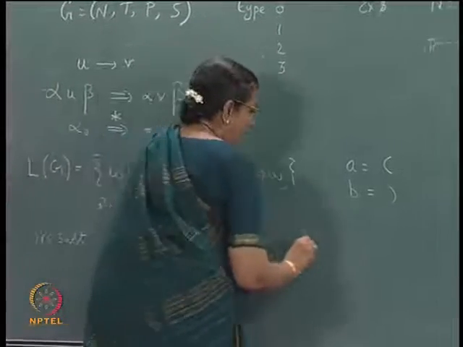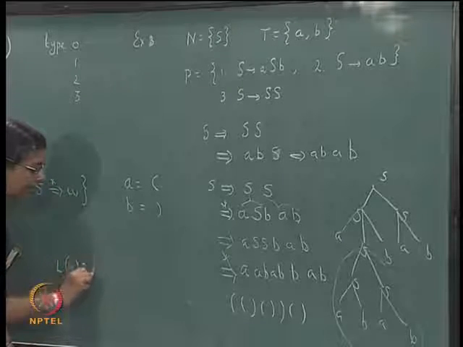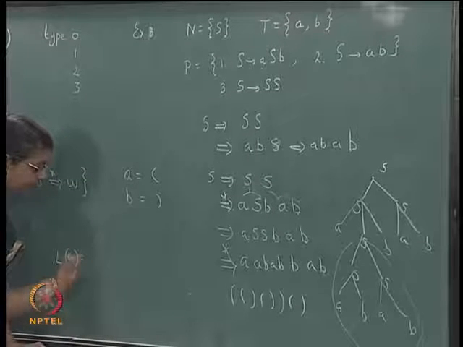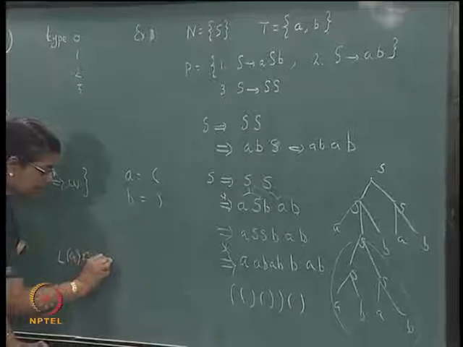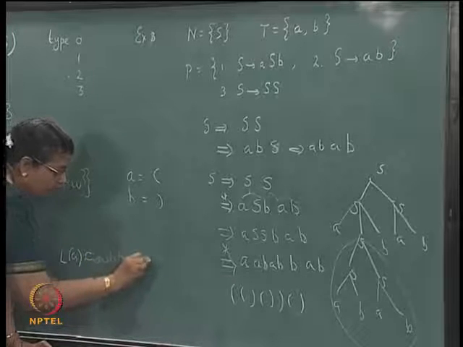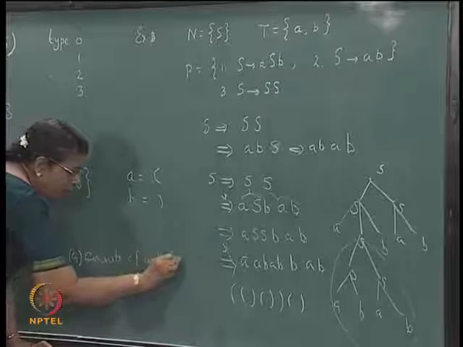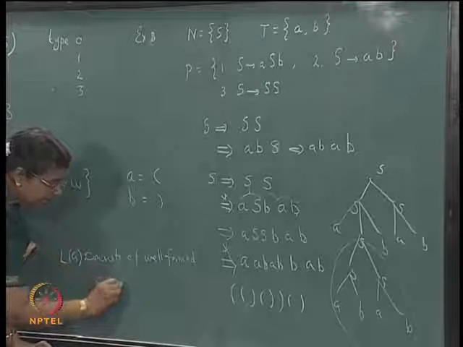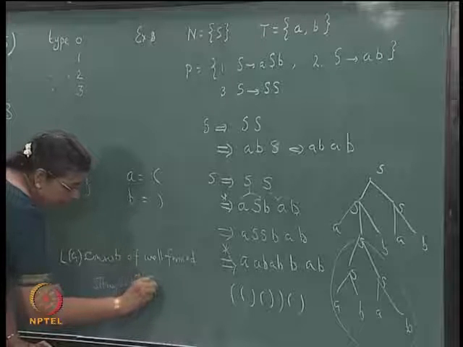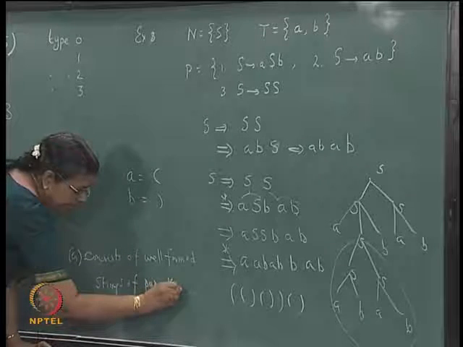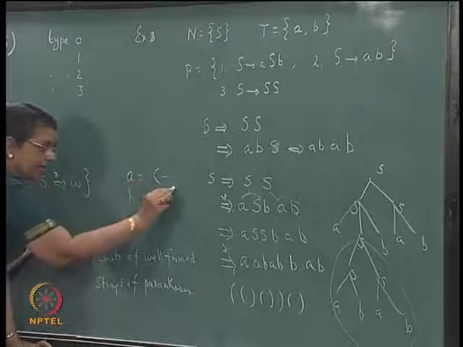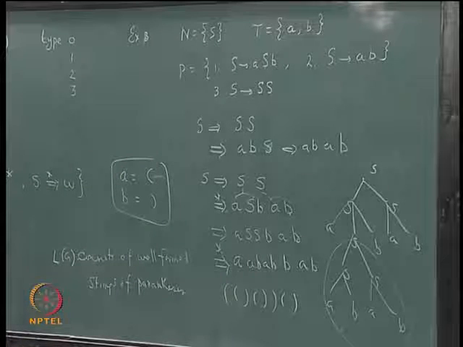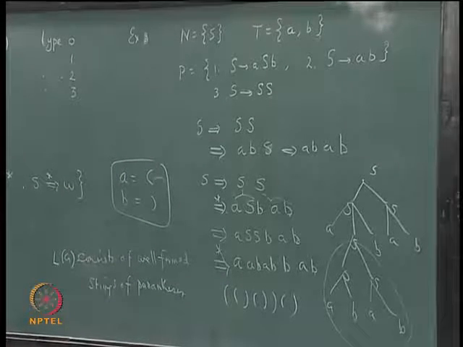So, the language generated, LG, consists of well formed strings of parentheses, if you look at A as the left parenthesis and B as the right parenthesis.